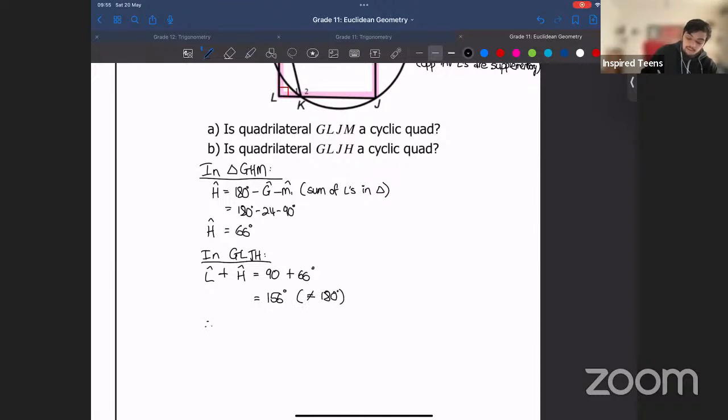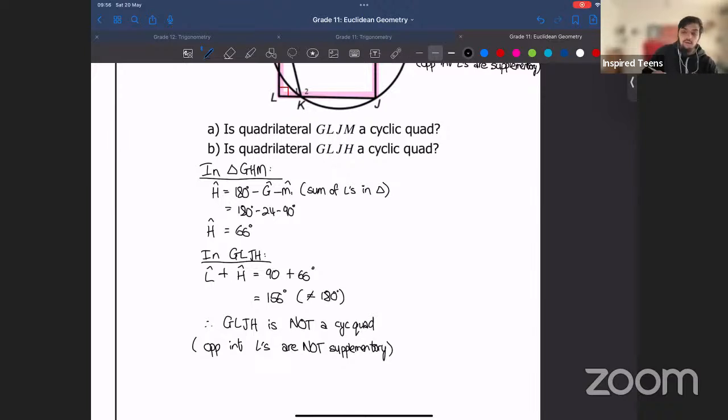Therefore, GLJH is not a cyclic quadrilateral. Okay, why? Opposite interior angles are not supplementary. Okay, that's that.